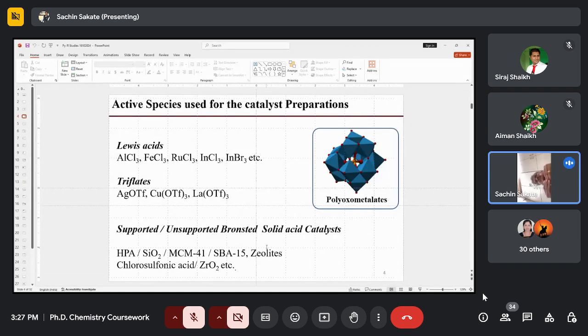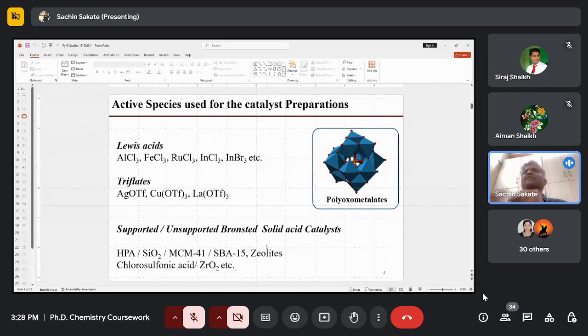So now the point is, Lewis acids, solid acids, and triplets are the generally used active species for heterogeneous catalyst preparation. Everybody knows Lewis acids, every chemist is familiar with them: aluminum chloride, ferric chloride, ruthenium chloride, indium chloride, indium bromide, and so on.